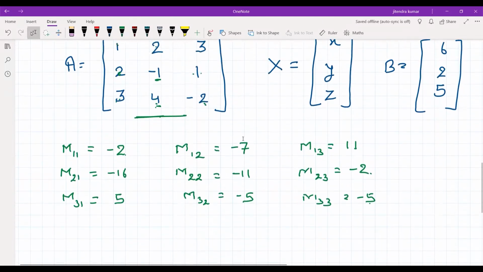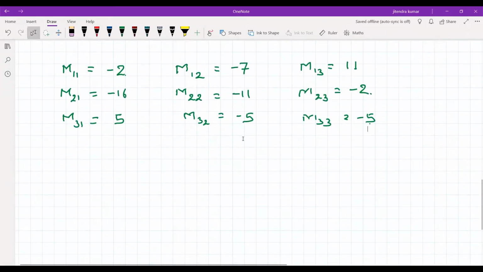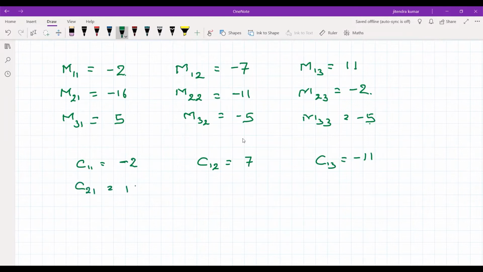Okay, so cofactors will be here. C11 will be equal to -2, C12 will become 7, C13 will become -11. C21 will be 16, C22 will be -11 only, and C23 will be plus 2.